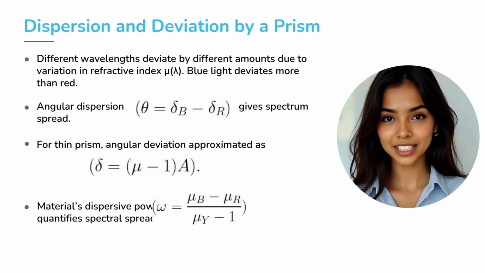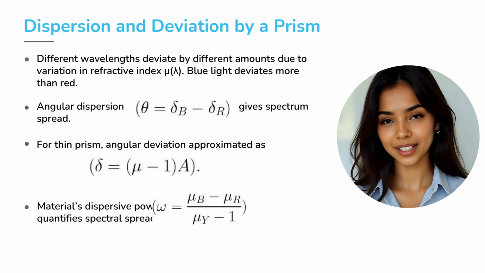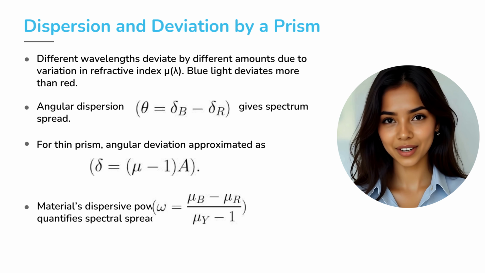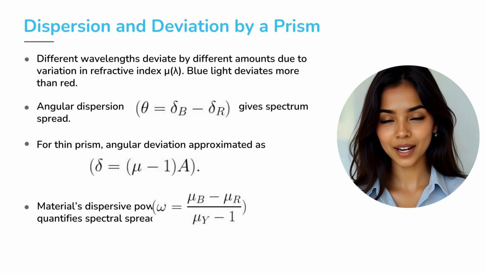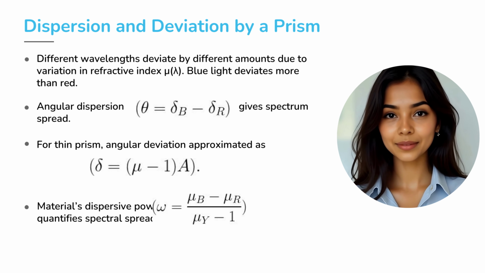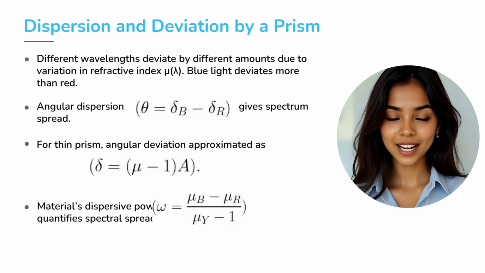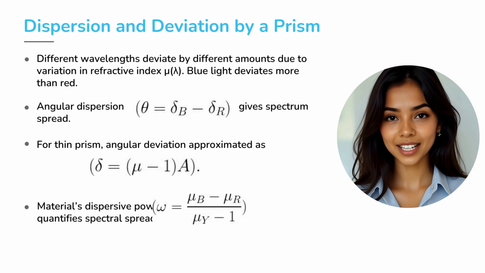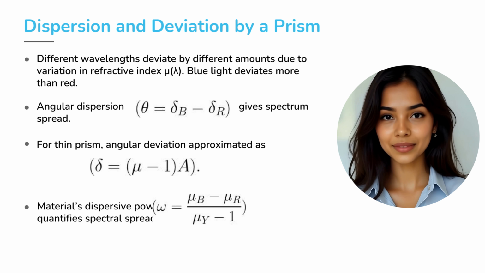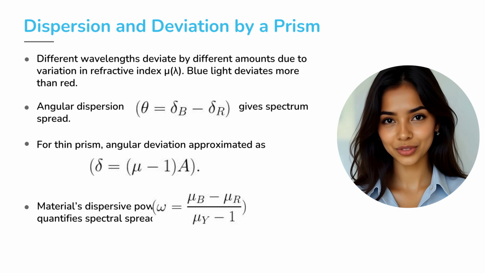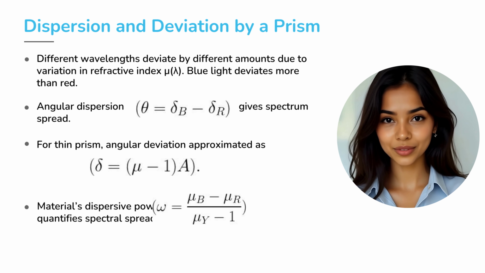Mathematically, omega equals open bracket mu sub b minus mu sub r close bracket divided by open bracket mu sub y minus 1 close bracket. This parameter tells us how well a prism can spread white light into its component colors, a critical factor in designing spectrometers, cameras, and even fancy eyeglasses. So, that vibrant rainbow you see isn't magic, it's physics, with prisms playing the star role.